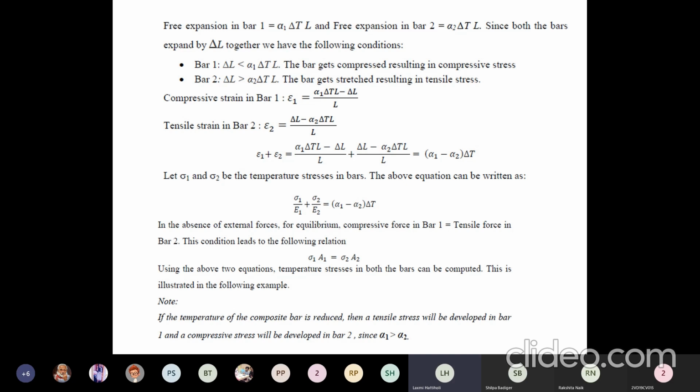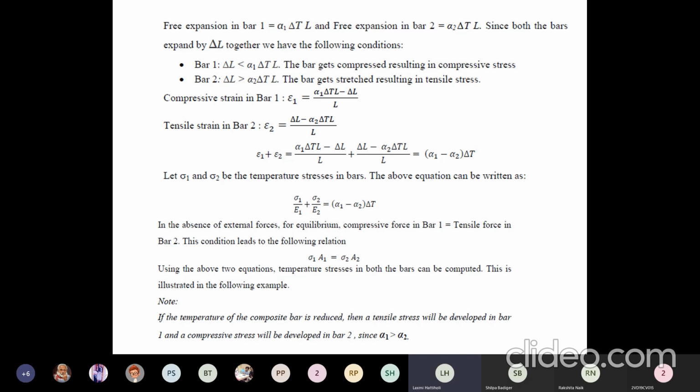Next. Once you have calculated strain in bar 1 and bar 2, add the strains in both the materials. Epsilon 1 plus epsilon 2 is equal to whatever formula I have got here. Observe carefully: common parameters you can take outside. Capital L in the denominator is common, take it outside.